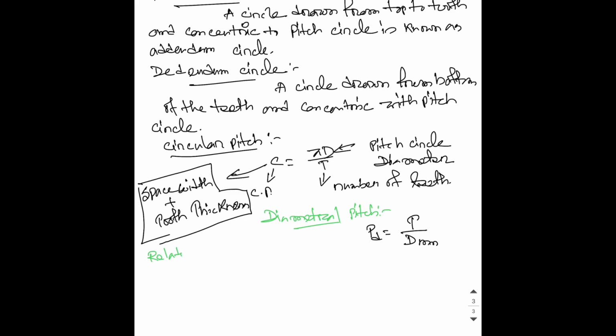Next is the relation between circular pitch C and diametral pitch PD. The circular pitch times the diametral pitch equals pi.